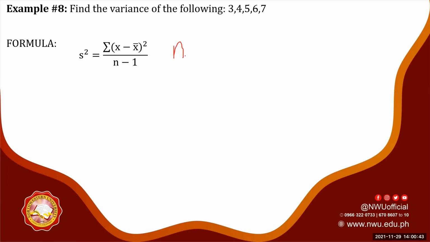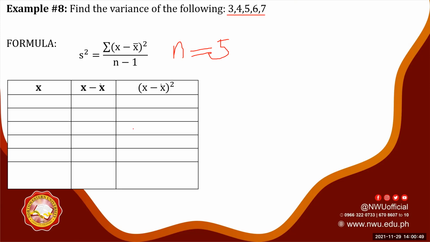So we also need your n. Ang n natin dito is just equal to 5 kasi lilima lamang sila. Now, ang x ninyo, you will just write 3, 4, 5, 6, and 7 there. And then you add all of them to get 25.